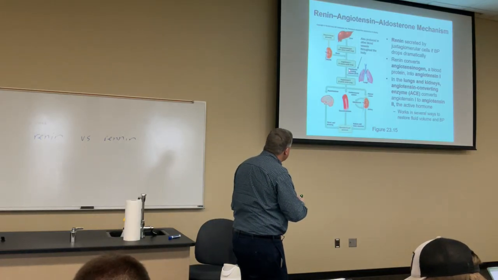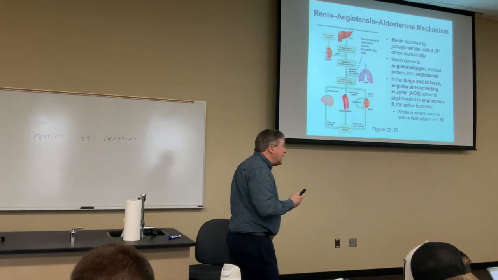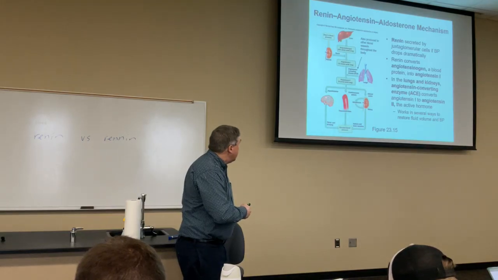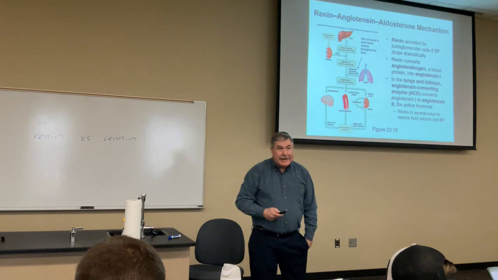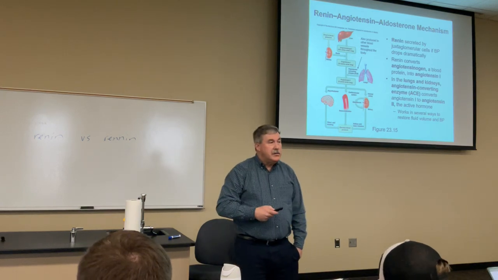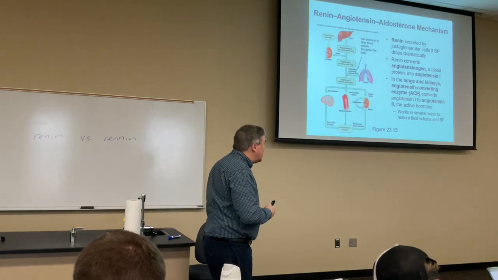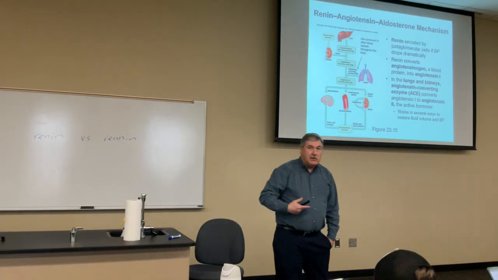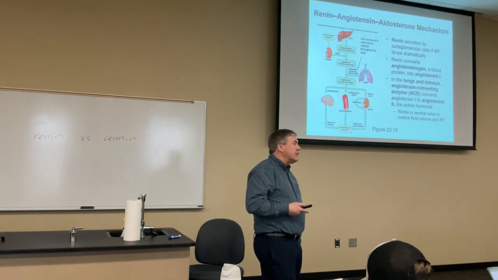In addition, angiotensin 2 stimulates the release of antidiuretic hormone, or ADH, from the posterior pituitary. And ADH increases water reabsorption by the distal tubules of the nephron, mostly by the collecting ducts of the nephron.